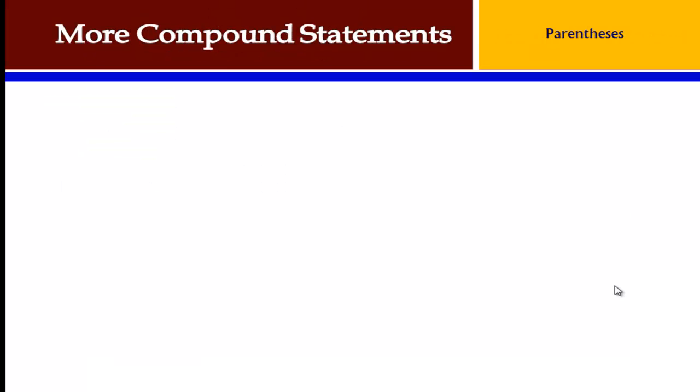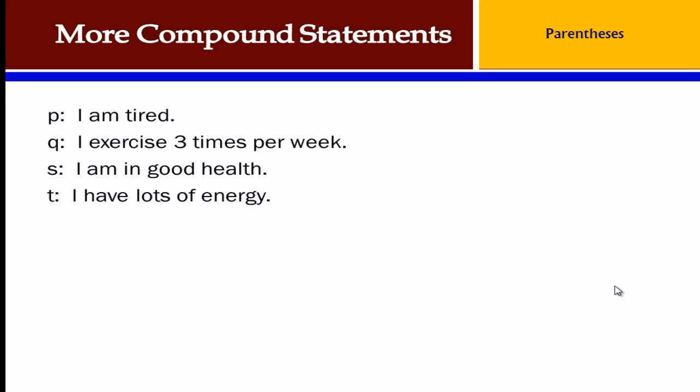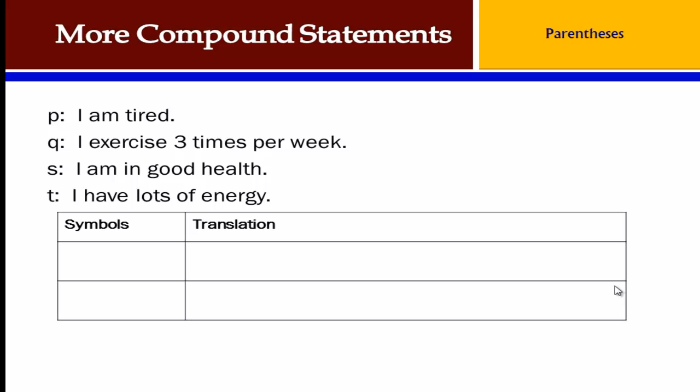So now we're going to look at some more compound statements, and this time they're going to involve parentheses. So I have several simple statements listed here, and I want to look at the translation of this set of symbols.